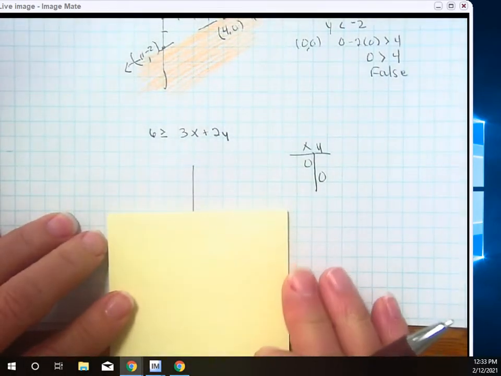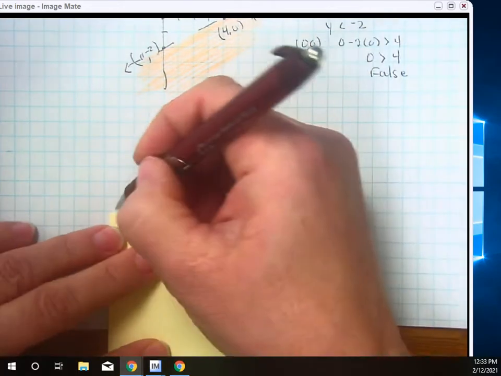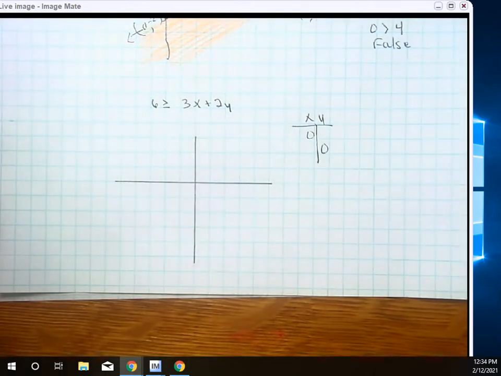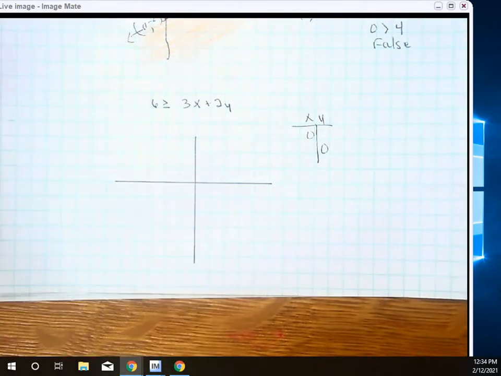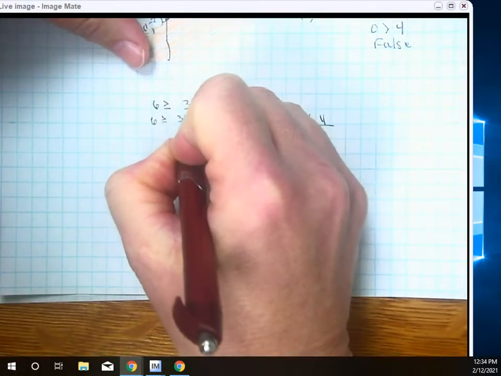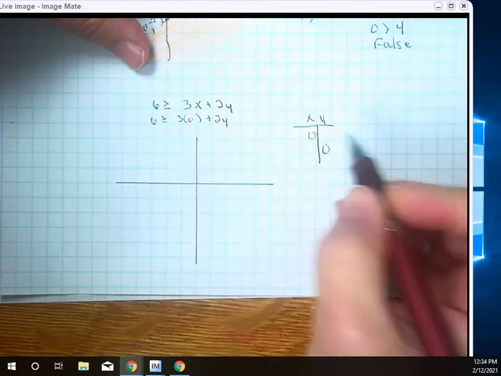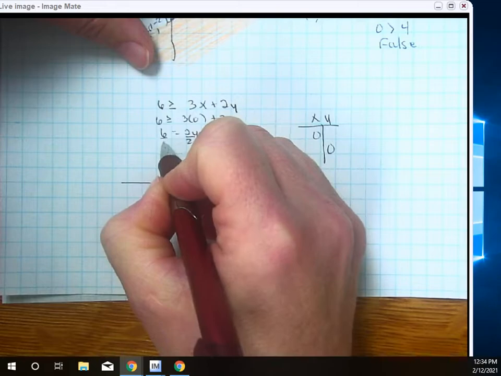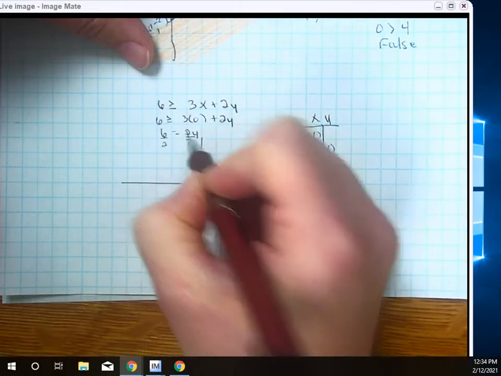And if you are in my class, I want you to use graph paper, not regular lined paper. If I substitute the 0 for x and solve for y, what value of y times 2 is going to be 6?